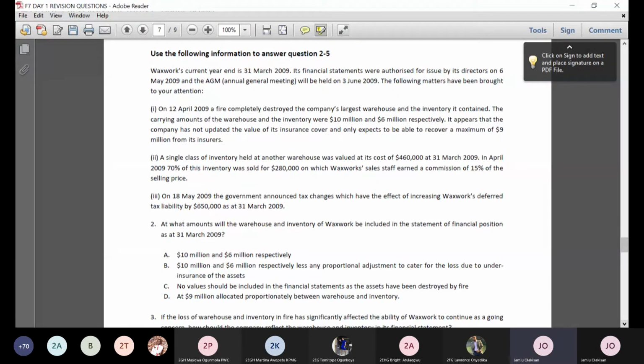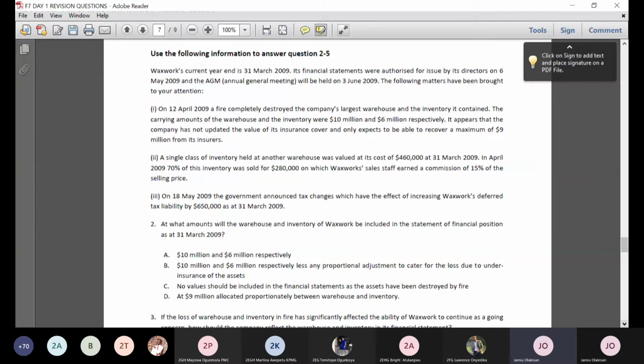So the year end of the company is 31st March 2009, right? The AGM date was 3 June 2009, right? Annual general meeting. And the financial statements were authorized for issue by its director on 6 May, right? 6 May. So you have 31st March 2009 as the year end.